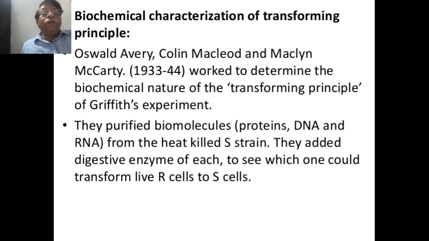Now we shall proceed to the next experiment. So let us recapitulate. In Griffith experiment, R strain transformed into S strain because of some transforming principle.